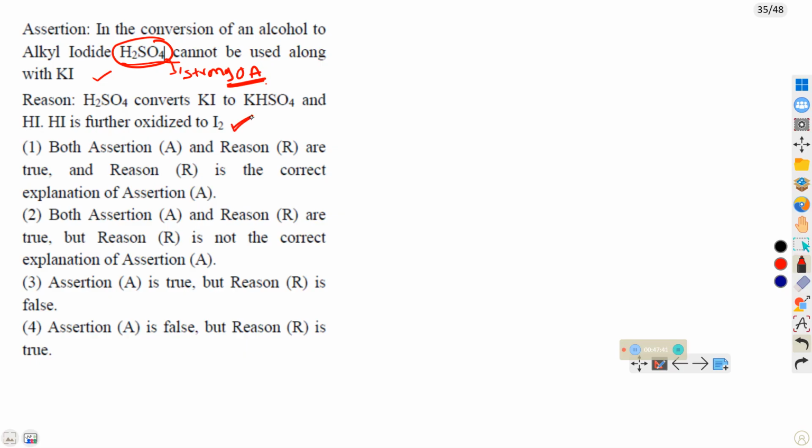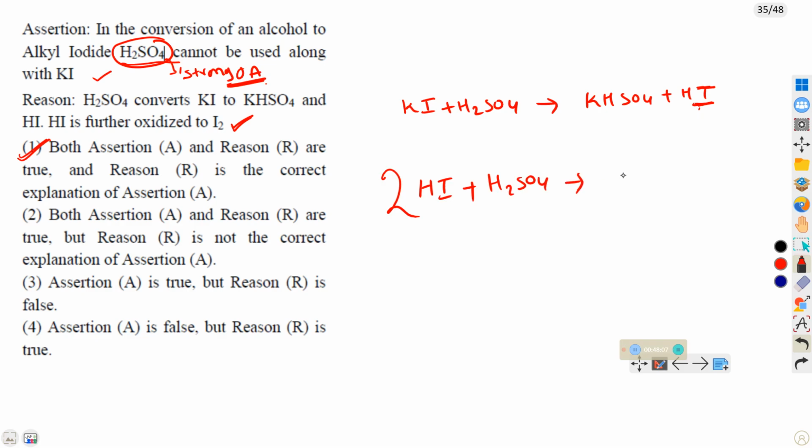Both A and R are true, and the reason is the correct explanation of the assertion. See the chemical reaction: first KI reacts with H2SO4, then it gives KHSO4 plus HI. H2SO4 is a strong oxidizing agent, so HI is further oxidized, giving I2 plus SO2 plus 2 moles of H2O.